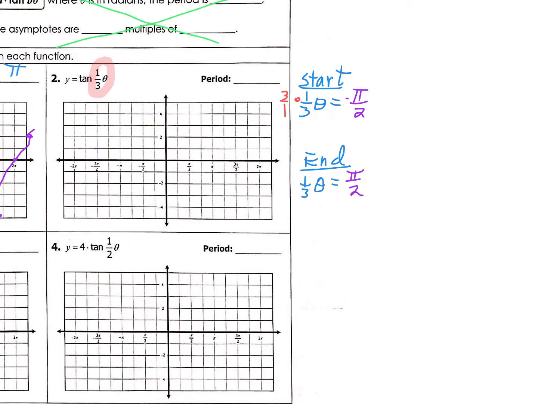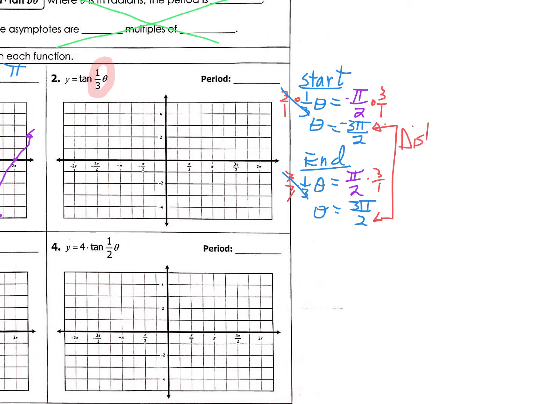Then we're solving by multiplying both sides by the reciprocal of 1/3, which is 3/1, in both equations. And so I end up with theta equaling -3pi/2 and theta equaling regular 3pi/2. So that's how far apart our asymptotes are.